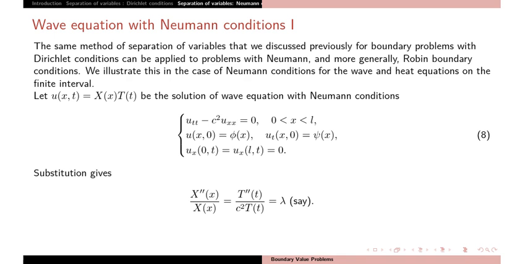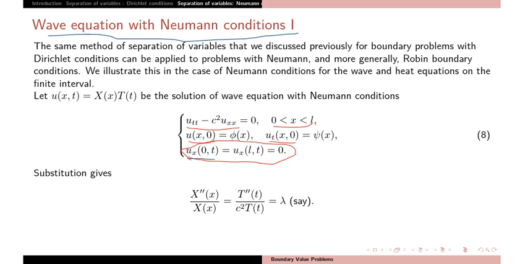So now we move to the wave equation with Neumann conditions. We again have the wave equation utt minus c square uxx on a finite domain with the same condition in t. But Neumann means that you have boundary conditions in derivatives. So you have ux at 0 and L which is 0.